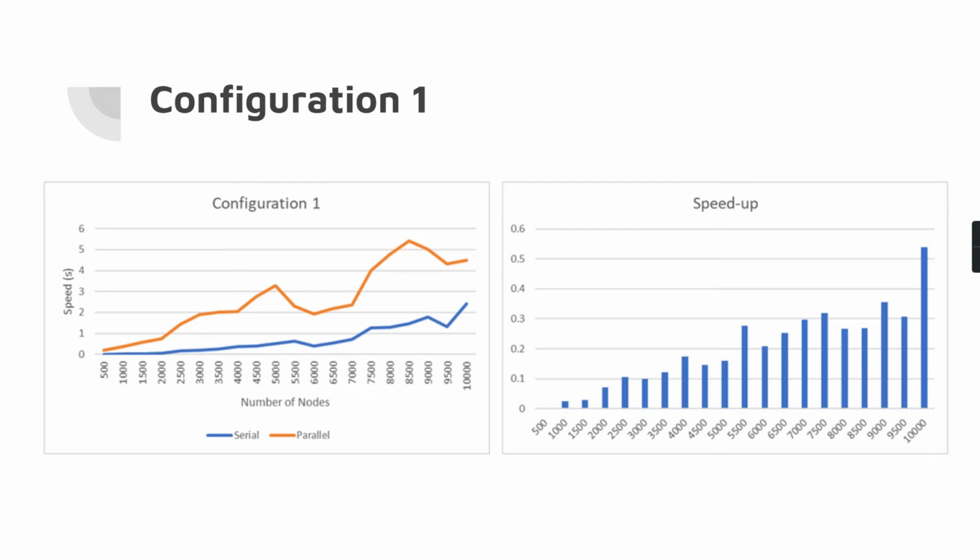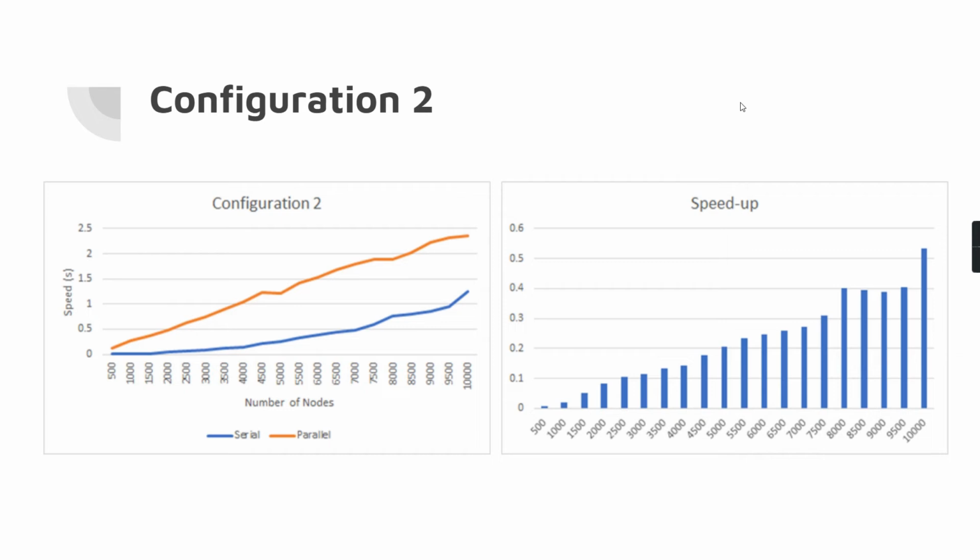As you can see from the graph on the left, the serial execution time is far faster than the parallel time, and that can be seen in the speed up chart over on the right as well. In configuration 2, it's more of the same, the parallel is much slower than the serial. The speed up on the right also shows the same thing.